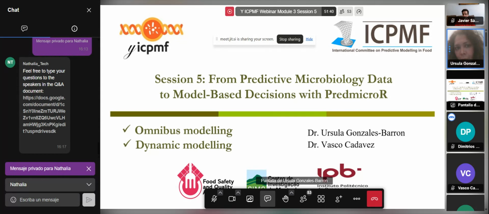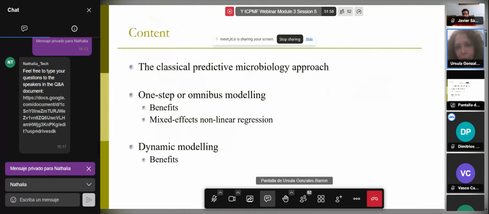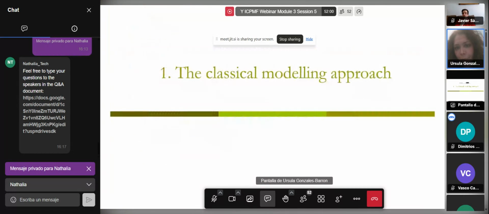But the objective of this follow-up presentation is that you understand omnibus modeling and dynamic modeling, because I believe that you can really take good advantage of the R package for this kind of models.